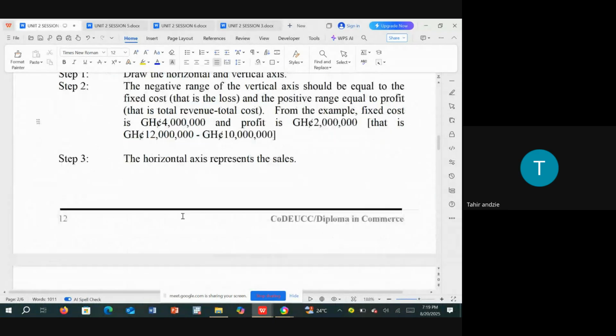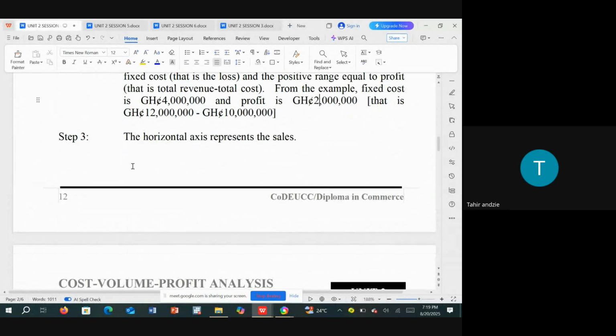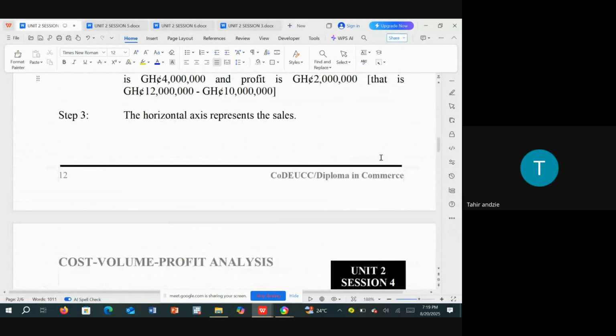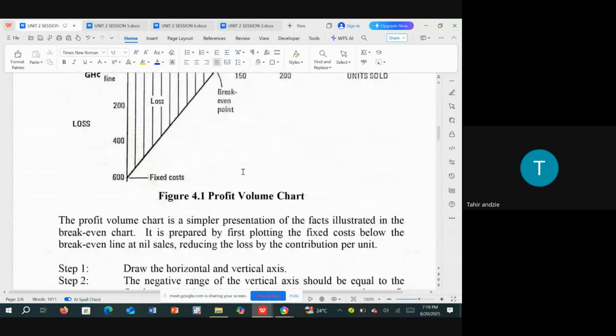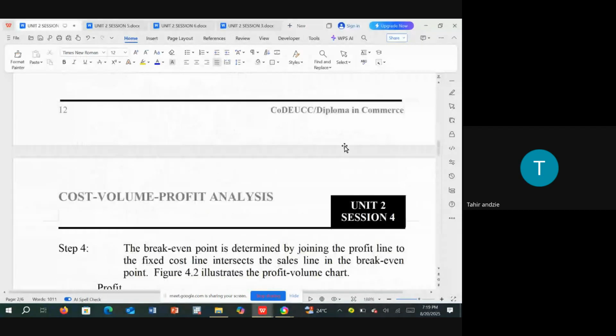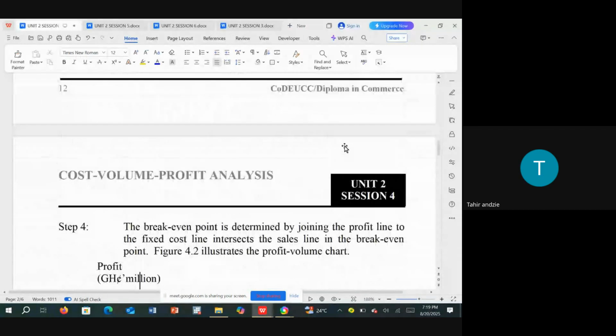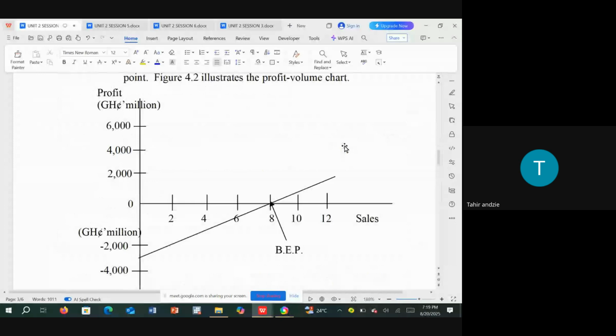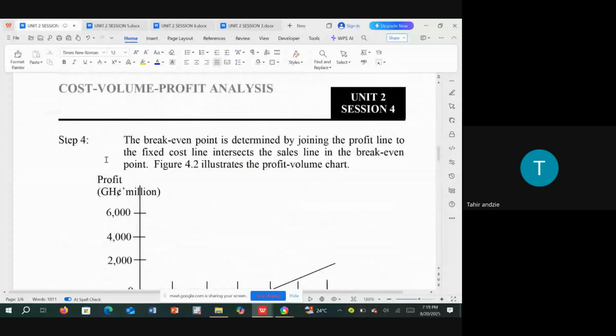Okay. So in this case, the horizontal axis represents the sales. Remember that, look at it. The horizontal axis is the sales in units. Okay. So in this case, we have step 3, we draw the horizontal axis. So we now draw step 4.